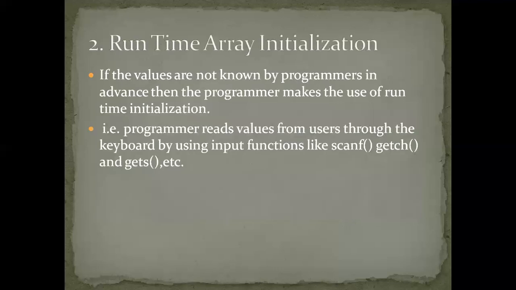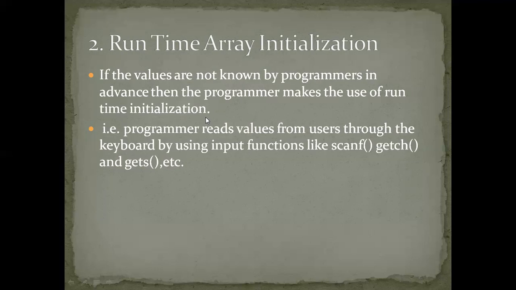The second kind of array initialization is what? Runtime array initialization. How it works: if the values are not known by the programmer in advance, then the programmer makes use of runtime array initialization.